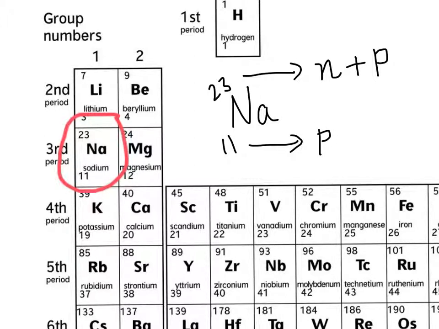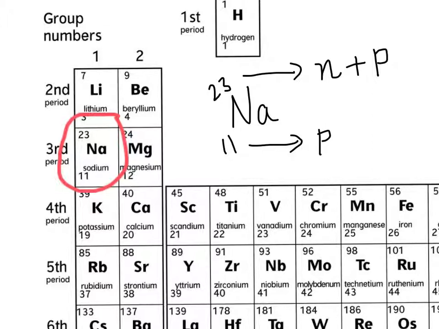Now, if you want to know the number of electrons, it's going to be exactly equal to the number of protons, because every atom is neutral because it has the same number of electrons and protons. If you remember from the previous page, electrons and protons have opposite charge. Protons have positive and electrons have negative. So if in an atom they are present in equal numbers, they cancel each other out and the atom is neutral.